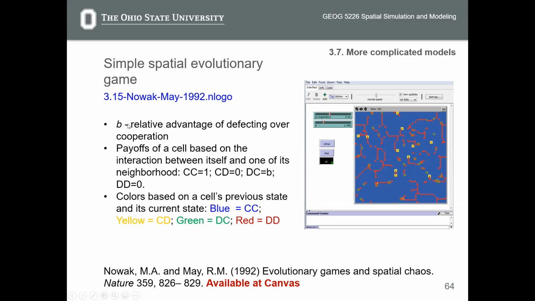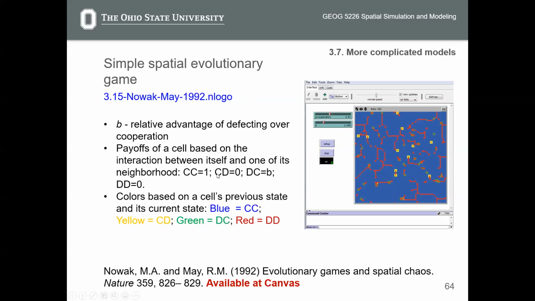Here we have a parameter called B, the relative advantage of defecting over cooperation, which means this is a benefit you get by defecting, when you are vicious. Payoffs of a cell are based on the interaction between itself and one of its neighbors. If a cell is cooperating and the neighbor it is playing is also cooperating, they both get 1 for payoff.